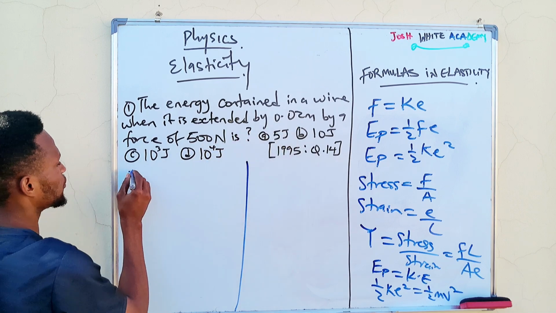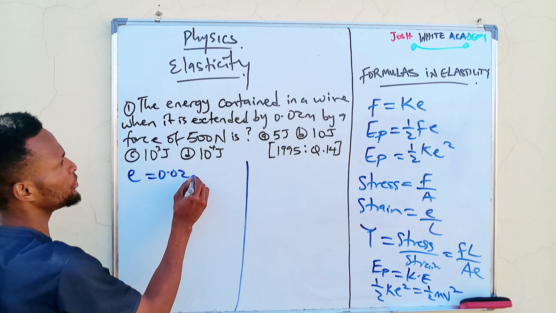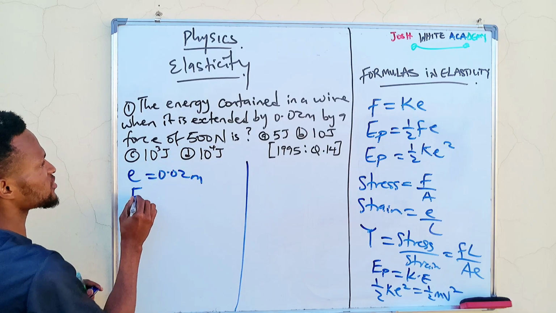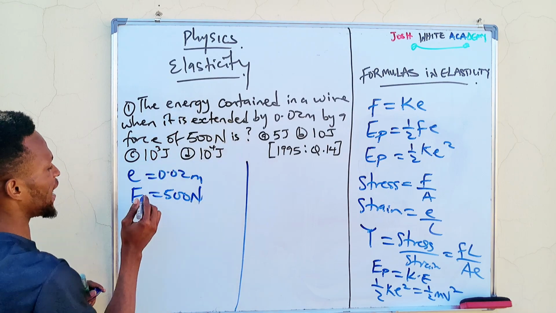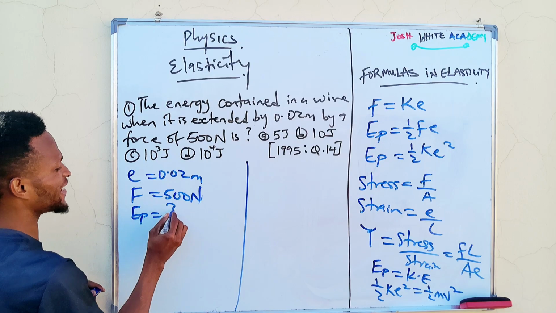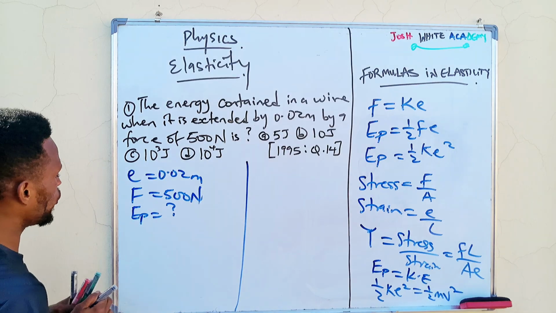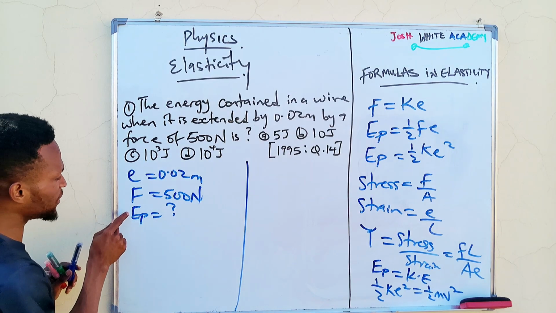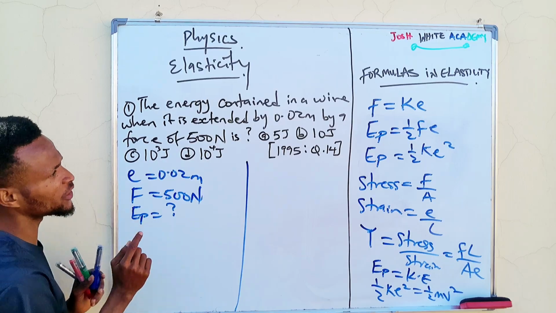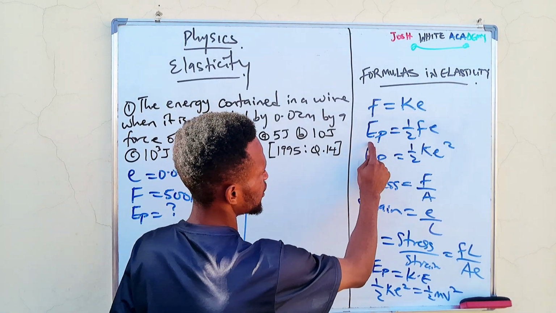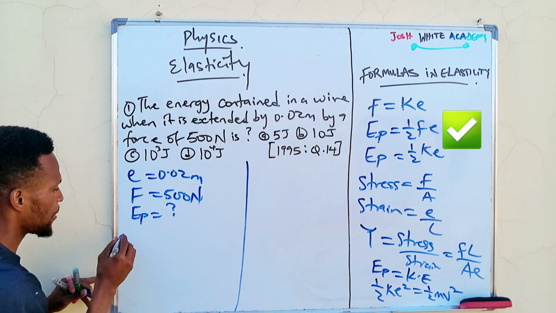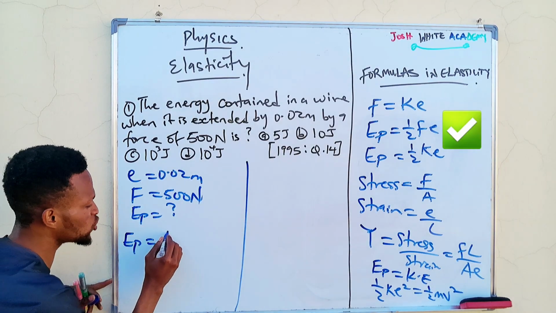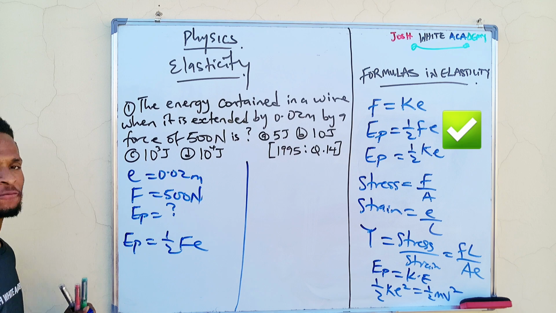Our extension is 0.02 meter. Our force is 500 Newton. We are looking for our elastic potential energy. So we have E, F, and little e. So this is the formula that best suits our data. So elastic potential energy is equal to 1/2 Fe.